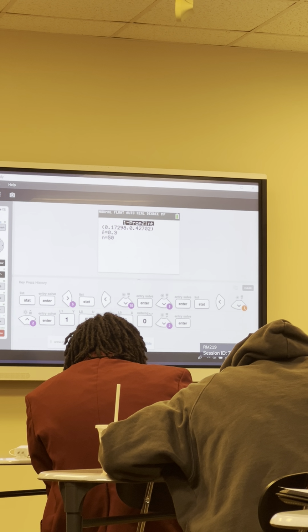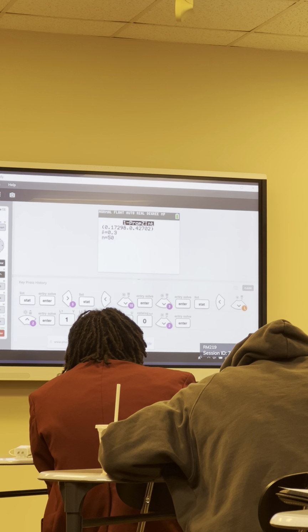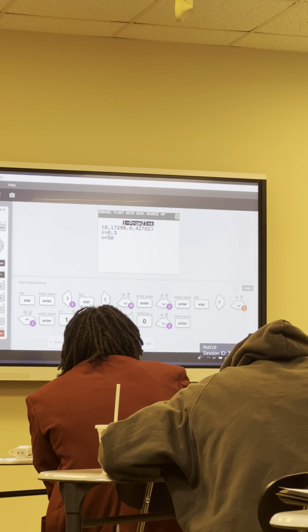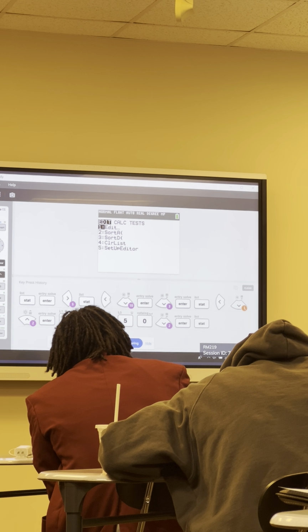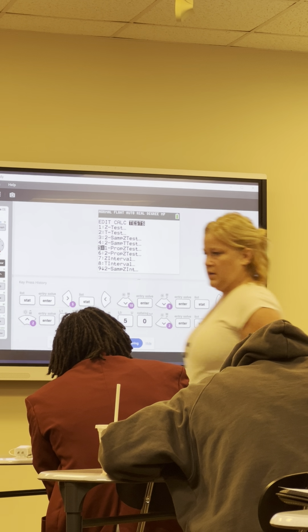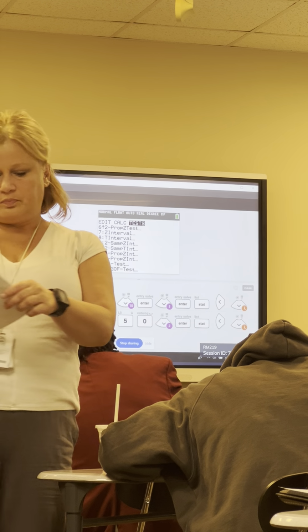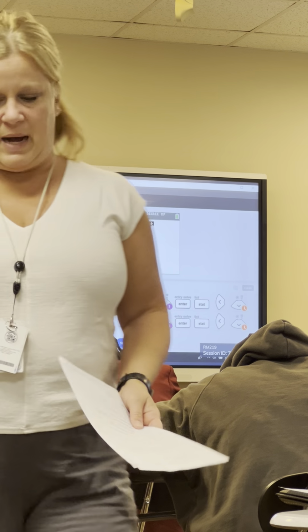So go to the next problem, 15 and 35. There are two numbers here, and they both go in that first box. You're not going across to the second open box.